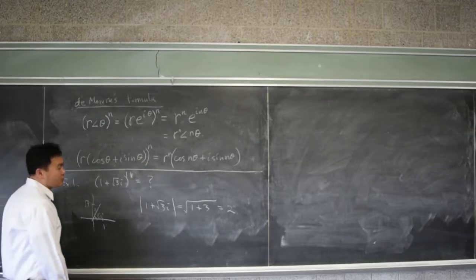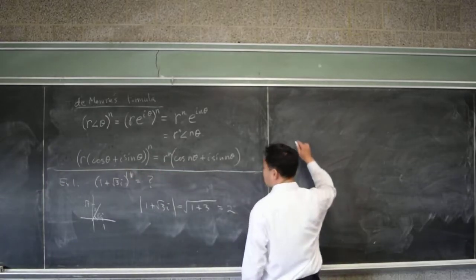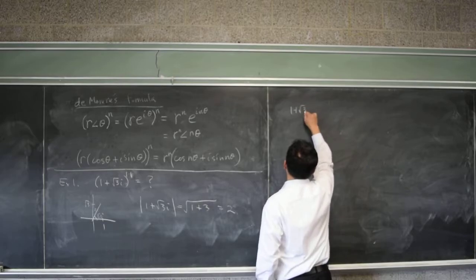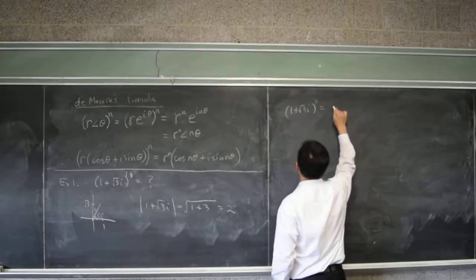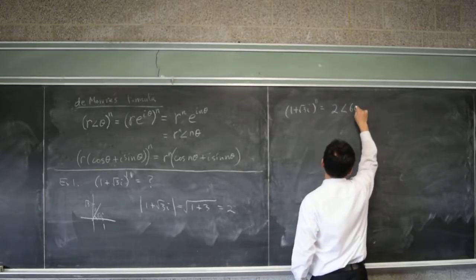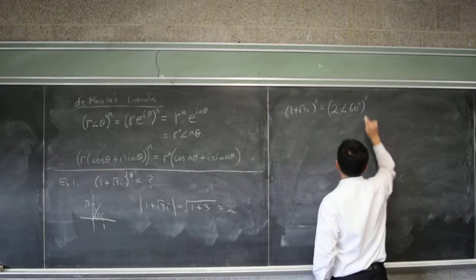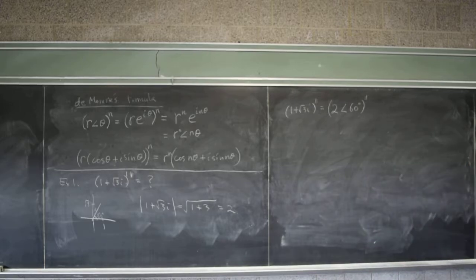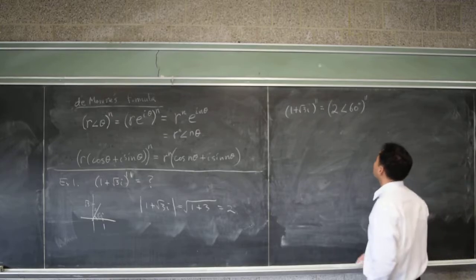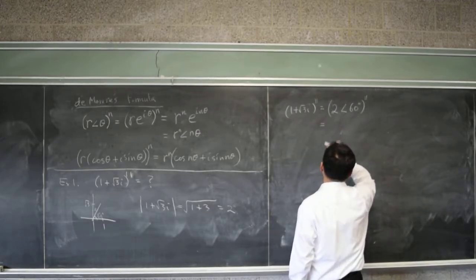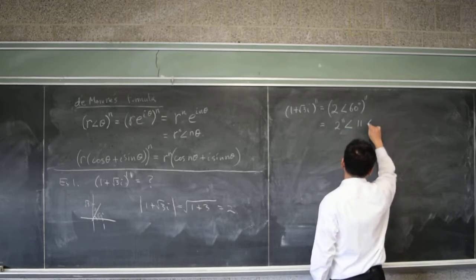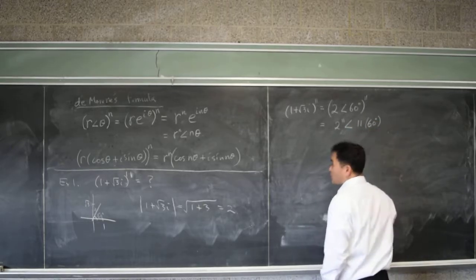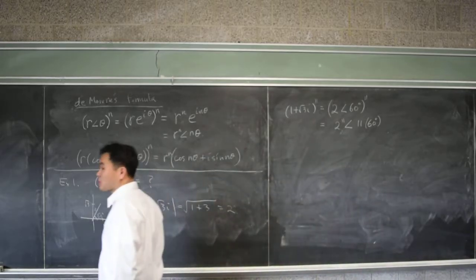Which means this is what you're trying to do. You're trying to take the 11th power of 2 angle 60 degrees. Therefore, this is 2 to the 11th power, angle 11 times 60 degrees, using de Moivre's formula.